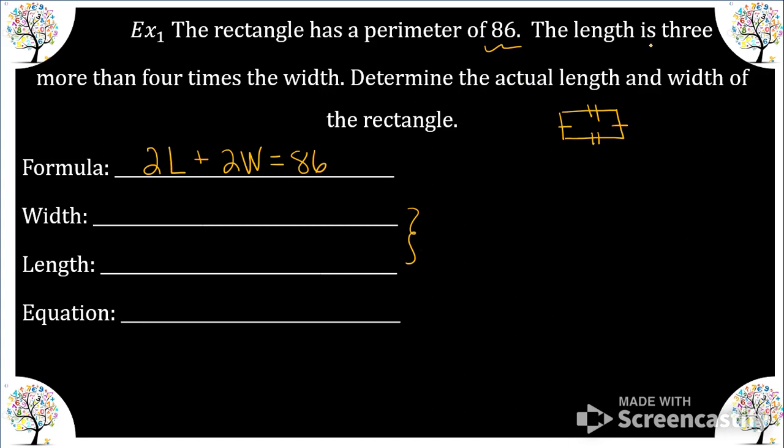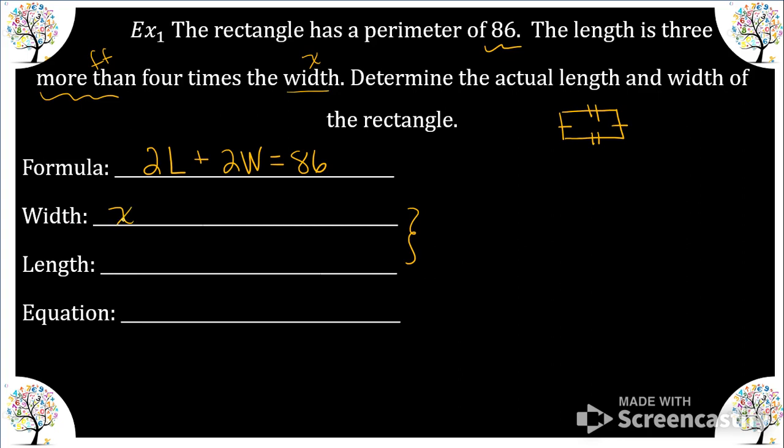The length is 3 more than 4 times the width. So first of all, we have a more than, a flip-flop, and it tells us a little bit about the length, but nothing about the width. So I'm going to let the thing I know nothing about be my variable. So let's let width be x.